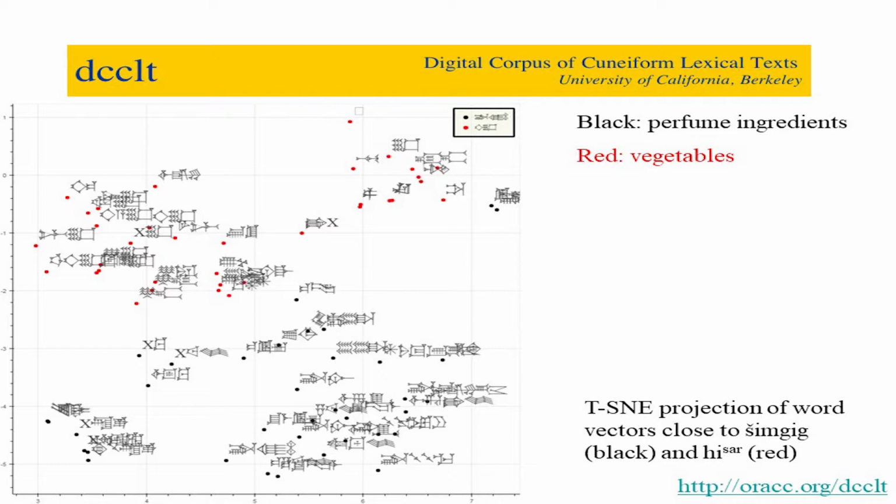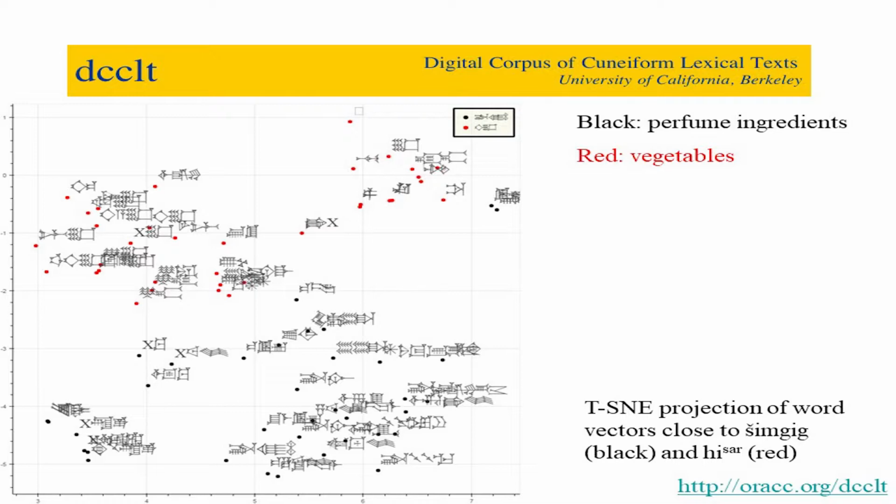One is shimgik, that is a type of wood that you use in perfume recipes, and the other is gisar, that is probably something like lettuce, anyway, a vegetable. And I've taken the 35 most similar words to that, and then projected those with TSNE on a two-dimensional plane.